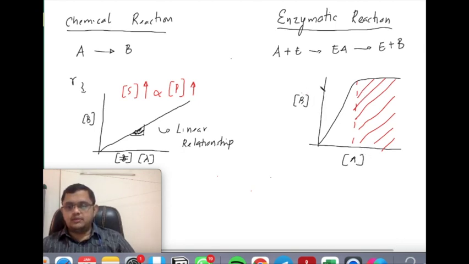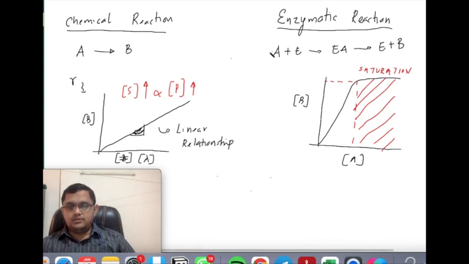After this point it stays at the same level, so this is the maximum product produced. After that there is a saturation. What is the word? The word is saturation. What I mean by saturation is, after that the product concentration is not increasing, even though I am increasing the substrate. Why does this happen? What actually saturates?